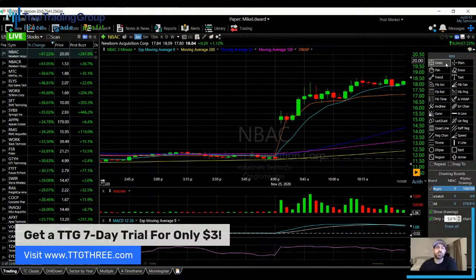Just because you have a bull flag, and everybody knows the term bull flag, and it also turns out that NBAC today was a perfect textbook bull flag setup. However, all bull flags are not created equal, because a bull flag is simply a price action chart pattern. Chart patterns are price action.